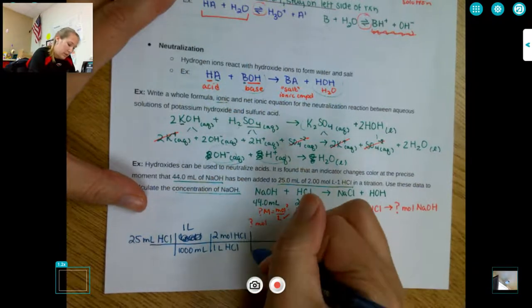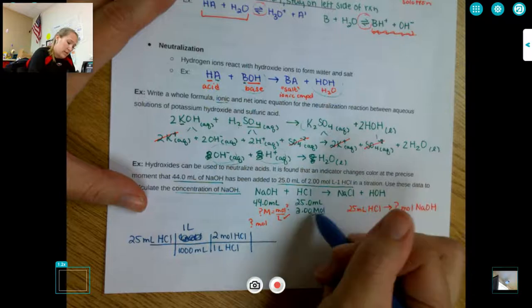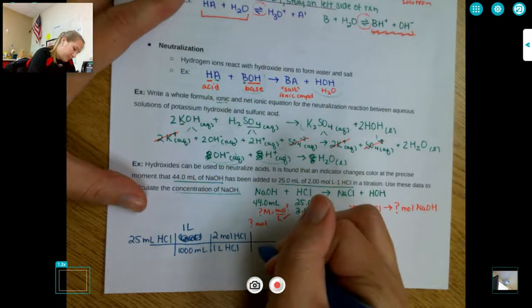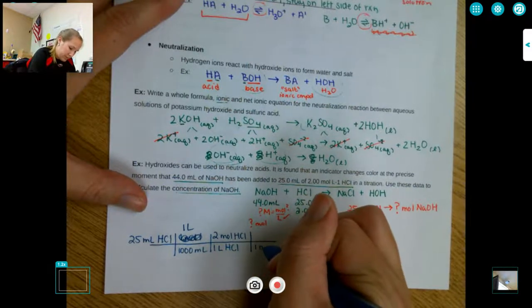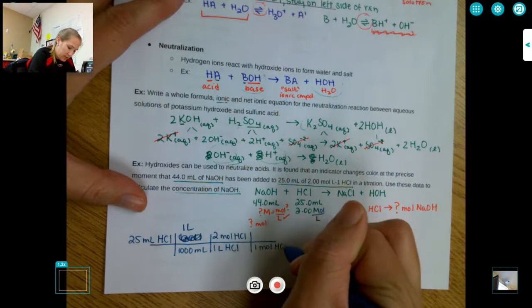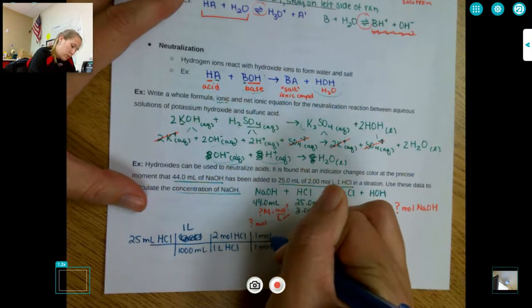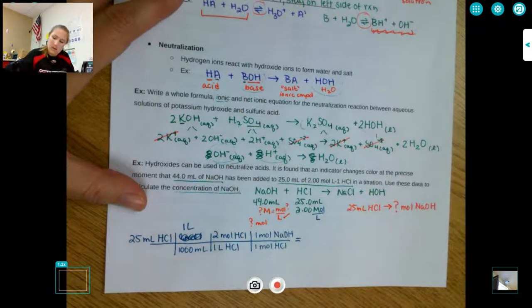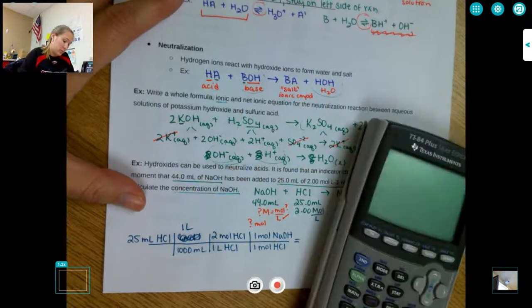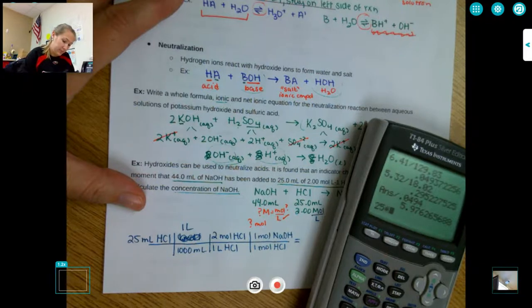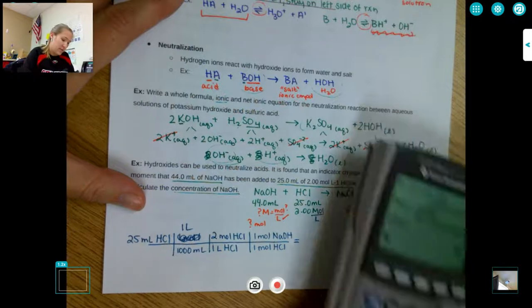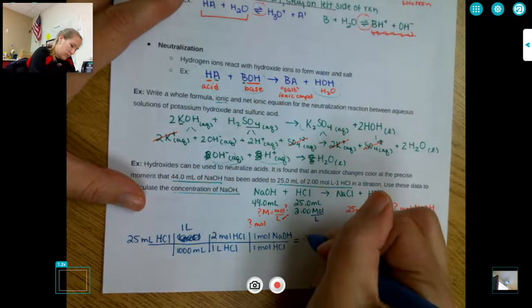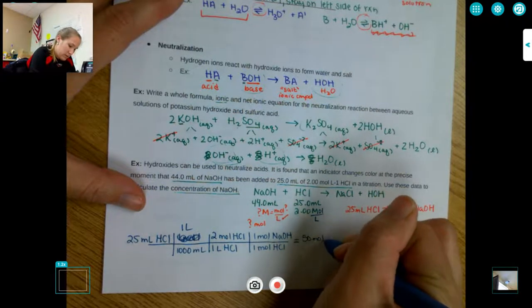That's my molarity. Now I can go from moles of HCl to moles of sodium hydroxide. And it's a 1-to-1 ratio. It's 1 mole of HCl, 1 mole sodium hydroxide. This is the last one, guys. So 25 times 2, right? So 50. I need 50 moles of NaOH.